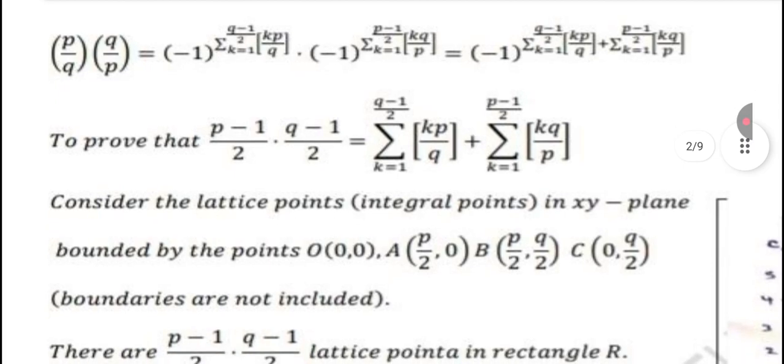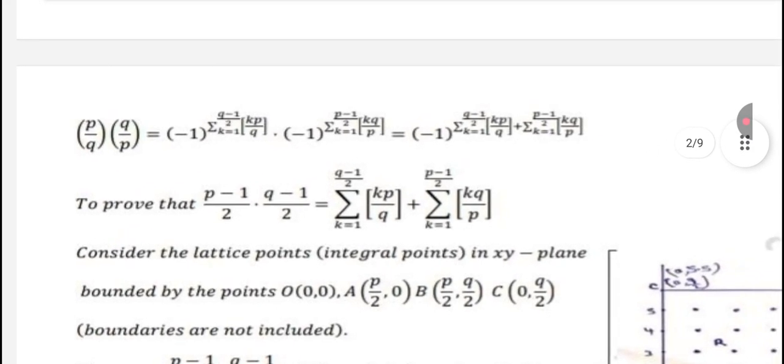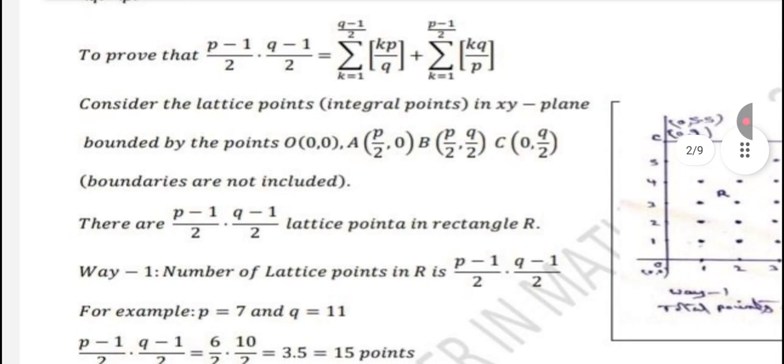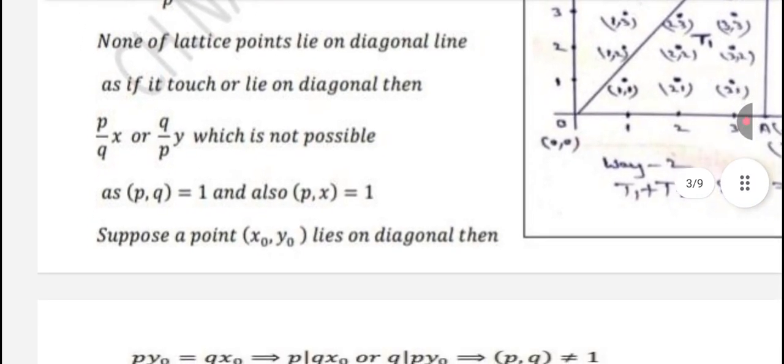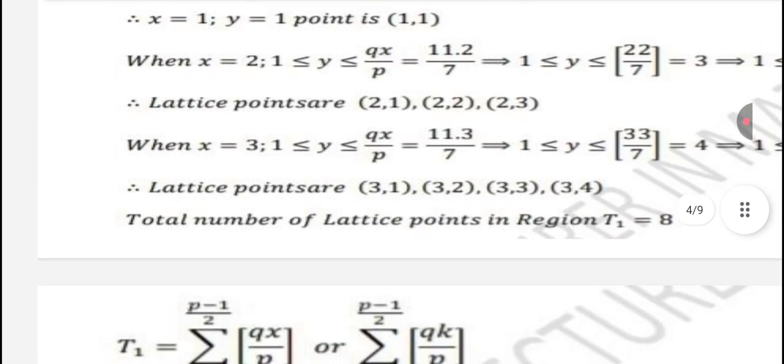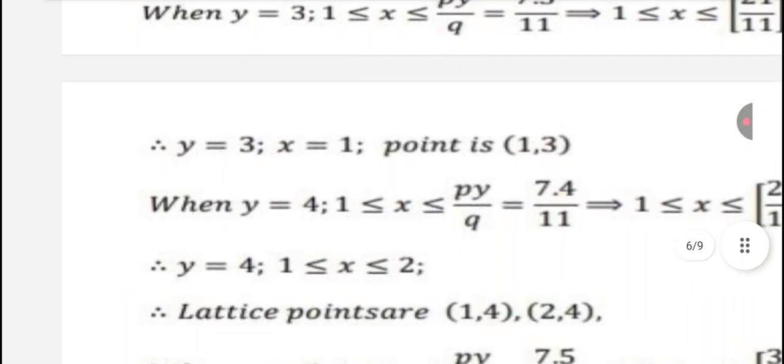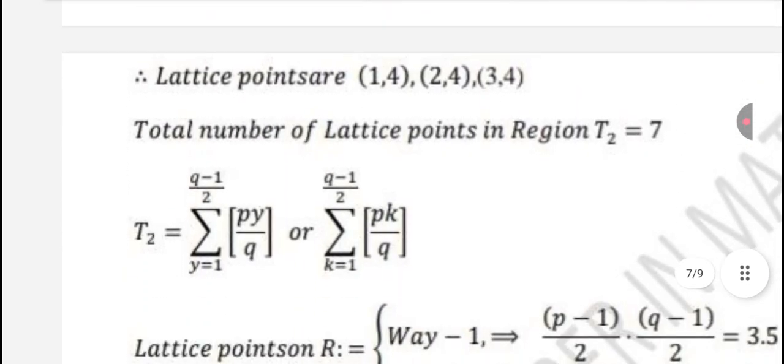Now in order to prove this, we are going to have a construction, that is, a rectangle. Here this is explained with an example. Actually in the examination you do not write the example directly, you can write the proof of this.